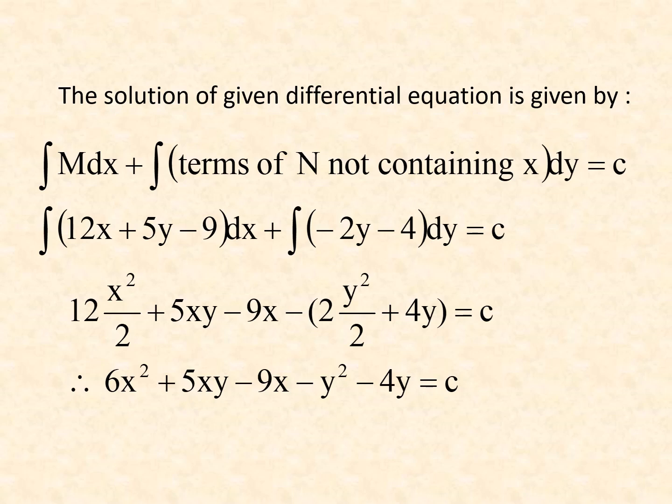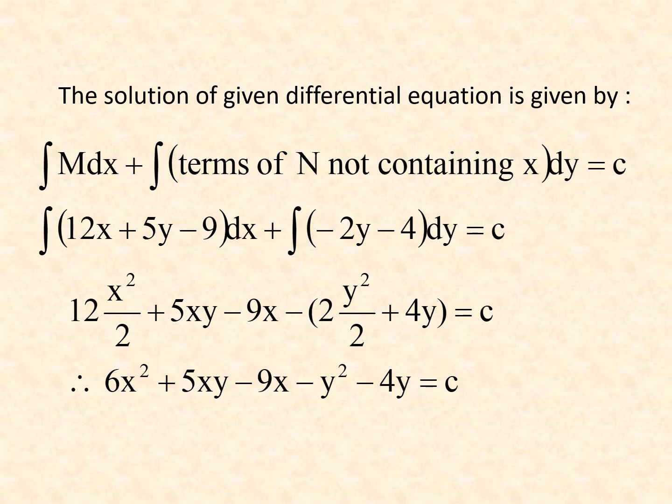Minus into minus gives plus. Since 2 is constant, take it outside. The integral of y dy means y square by 2, plus the integral of 4 dy, again 4 taken outside, and the integral of 1 dy is y, equals c. Move on to the next line.